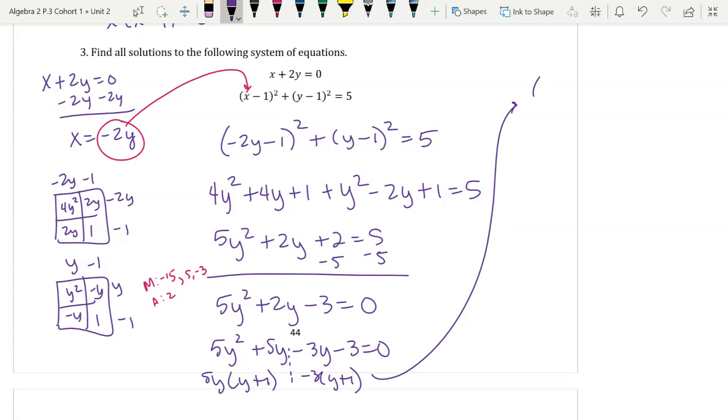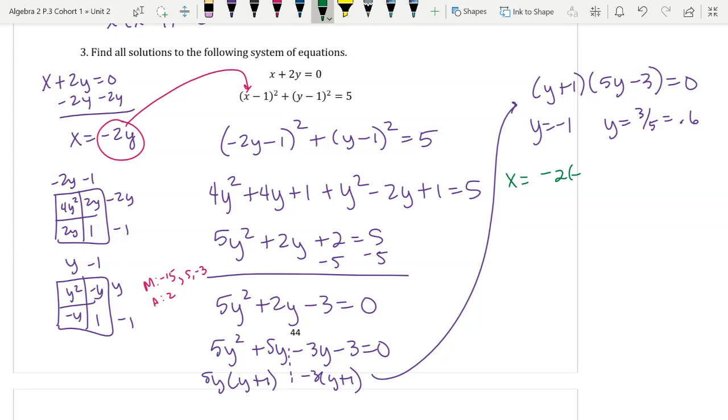So we wind up getting the factors of y plus 1 and 5y minus 3 equals 0, which gives us answers for y of negative 1 and positive 3/5, or if you want the decimal version, 0.6. Now those are the y values. Let's find some x values. So x is equal to negative 2 times y, so x becomes 2. So this coordinate is 2, negative 1.